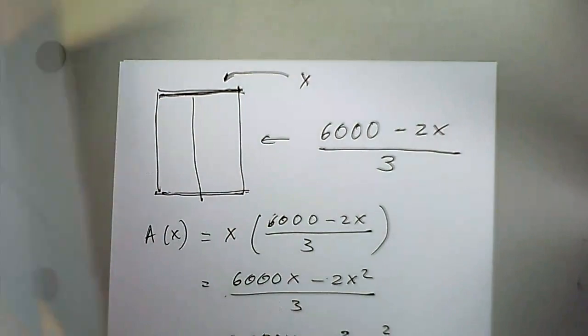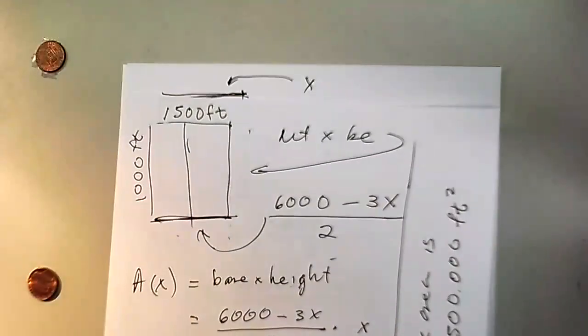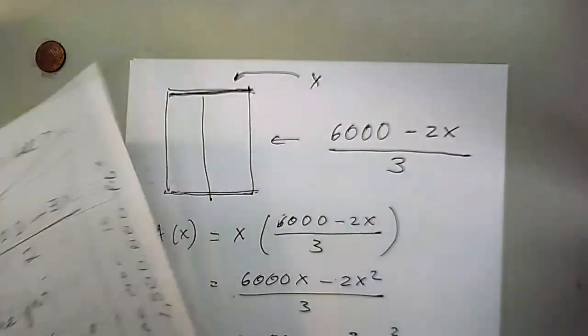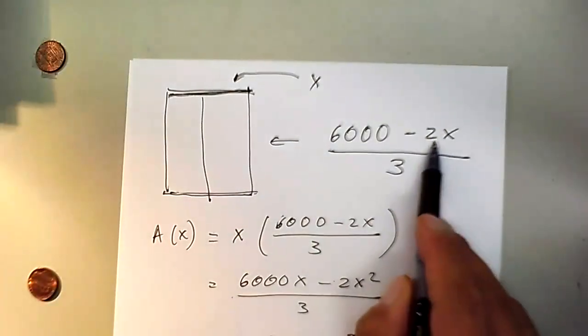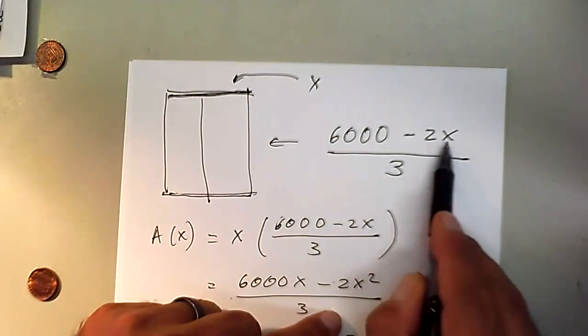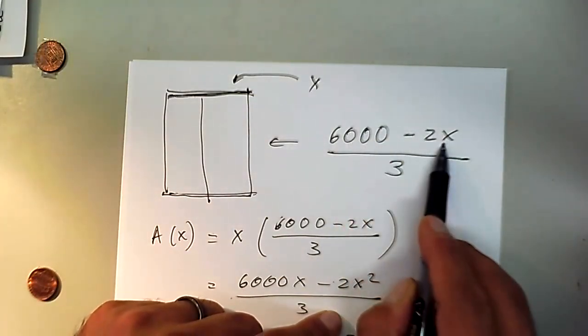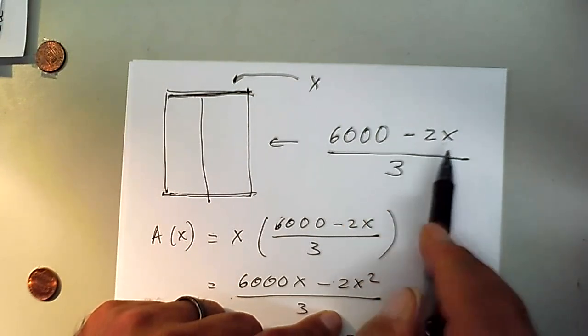So that is consistent with the other setup where the top is 1500. And then if we put 1500 here, multiplied by 2, that's going to be 3000. 6,000 minus 3,000 is 3,000. Divide by 3, we end up with 1,000.